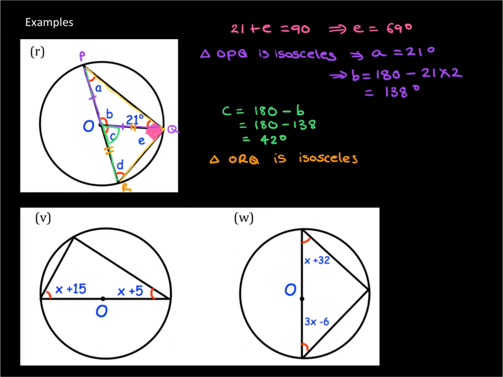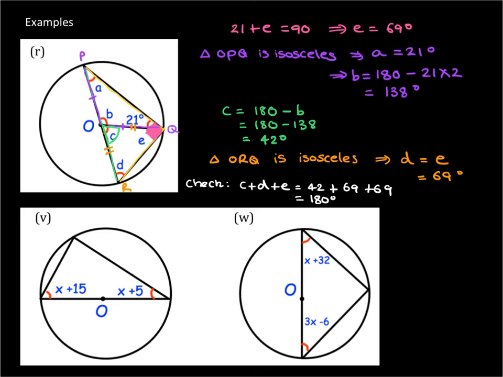And that tells us that angle D has got to equal angle E, which means it's got to equal 69 degrees. Now, just as an interesting check, let's see if C plus D plus E add up to 180. So that's 42 plus 69 plus 69, and that comes to a total of 180, so I know I've done this correctly.